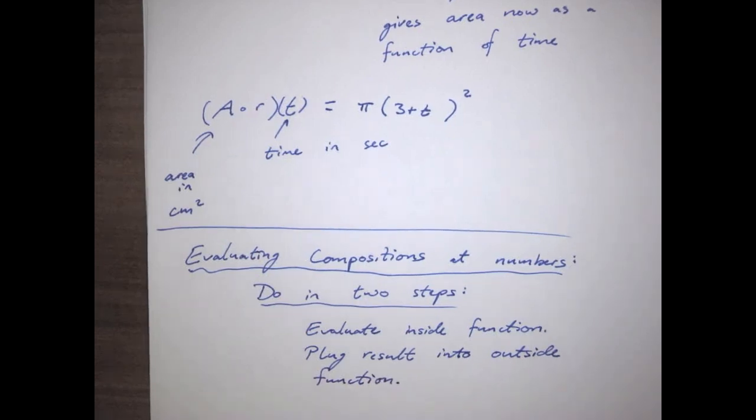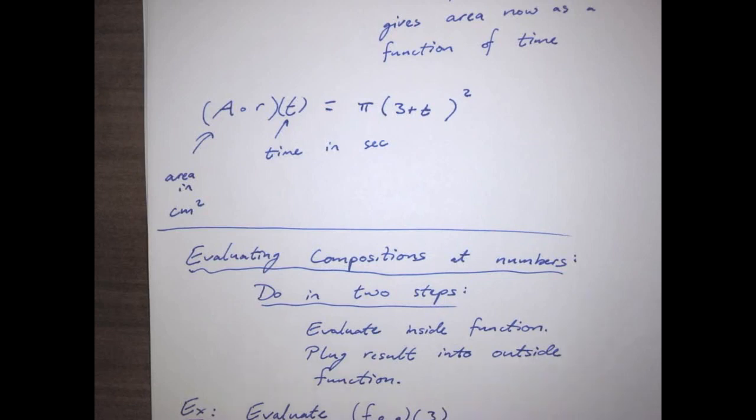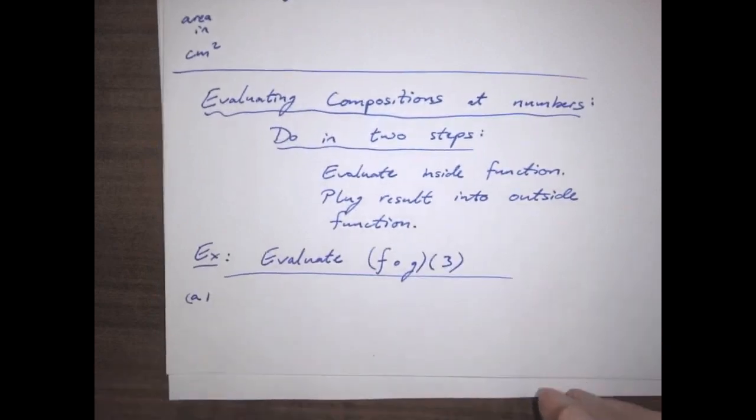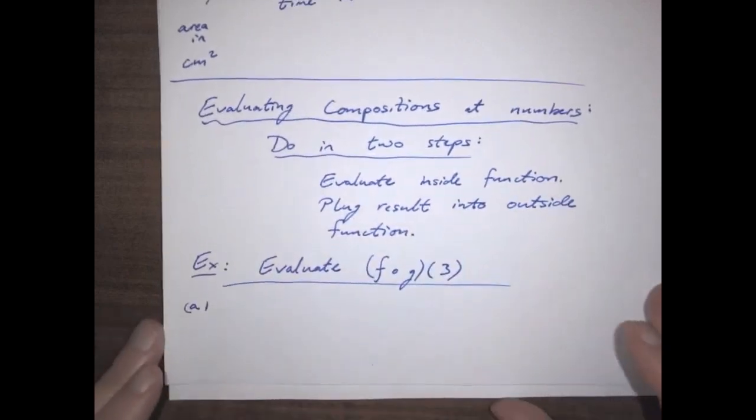As an example, let's say we wanted to evaluate f of g of 3. And then in each of these examples, we'll have different things for f and g.